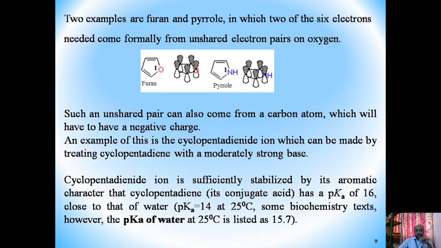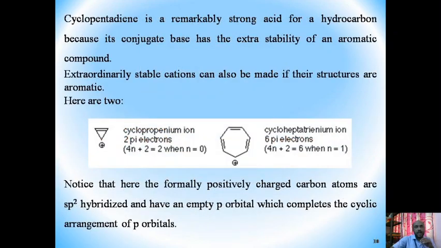In some biochemistry texts, however, the pKa of water at 25 degrees centigrade is listed at 15.7. Cyclopentadiene is a remarkably strong acid for a hydrocarbon because its conjugate base has the extra stability of an aromatic compound.